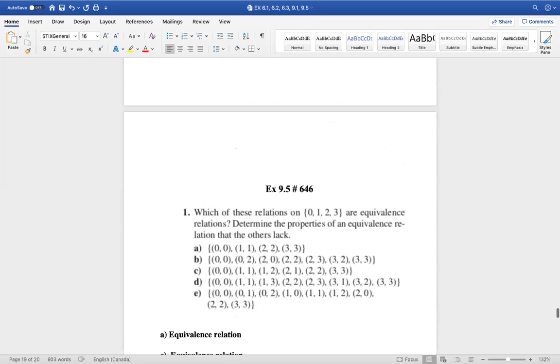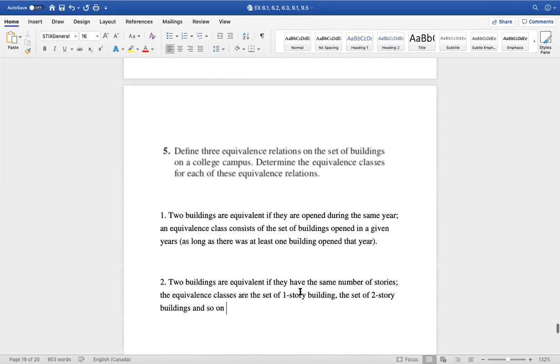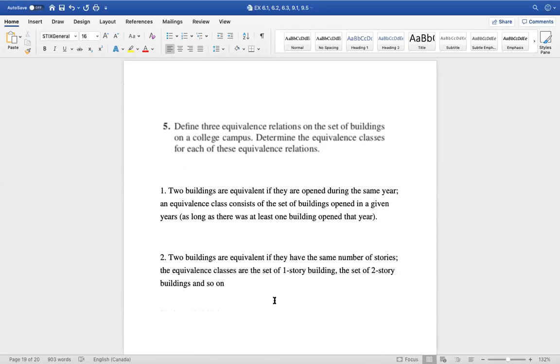So we have different classes belonging to that equivalence relation. One class for each n for which there is at least one n-story building.